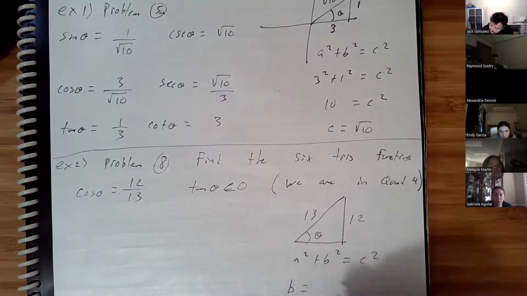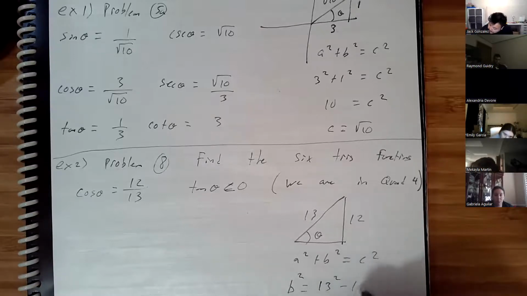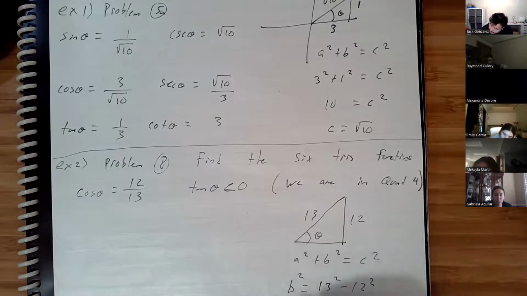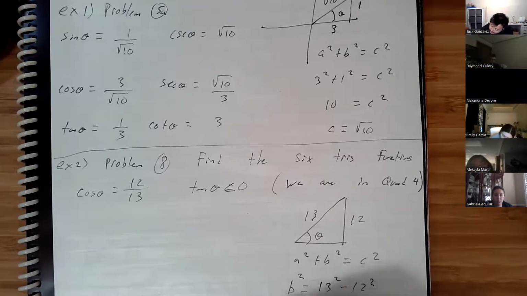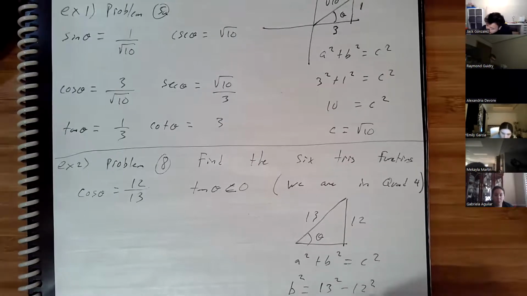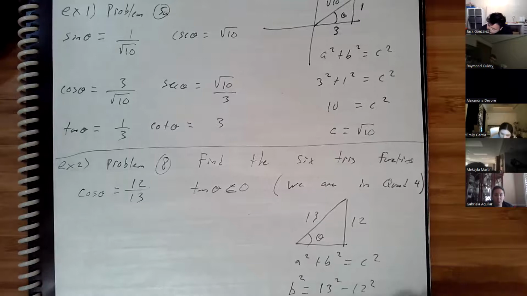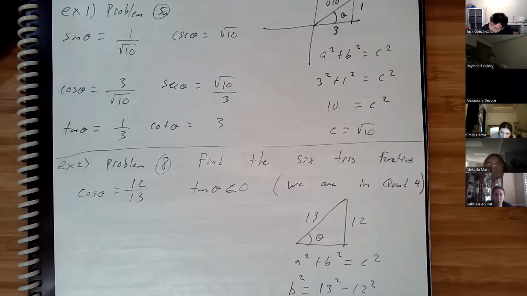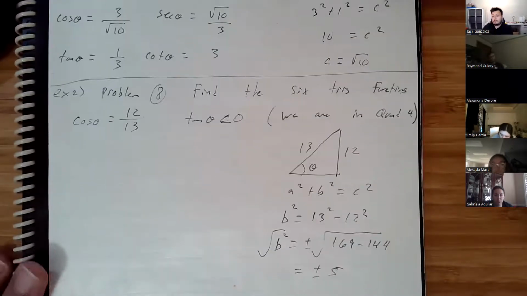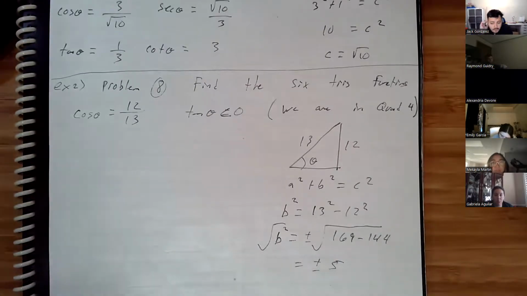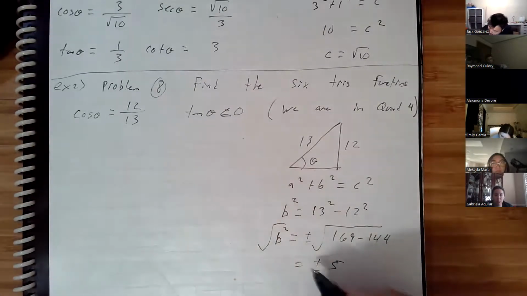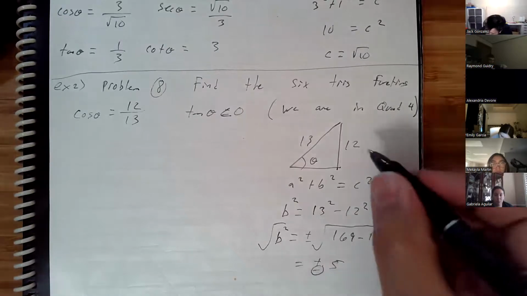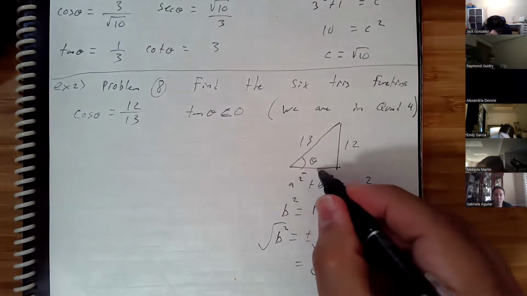We found b squared is equal to 13 squared minus 12 squared, which means that b, square root both sides, plus or minus square root both sides, 169 minus 144, which gave us plus or minus 5. Right? That's all the stuff we didn't really show. And we're choosing minus because of the quadrant.